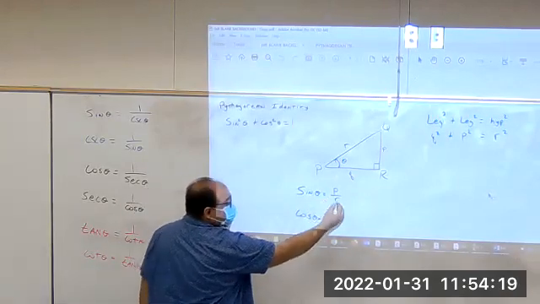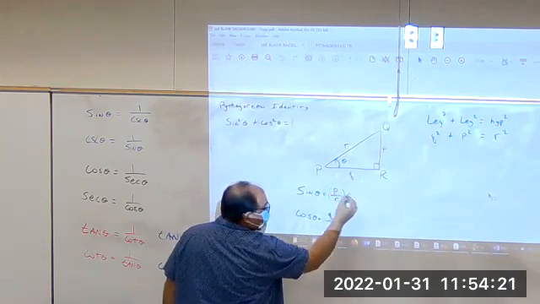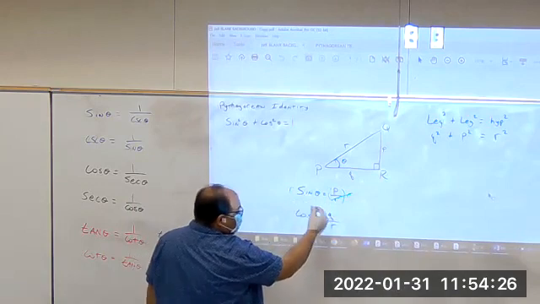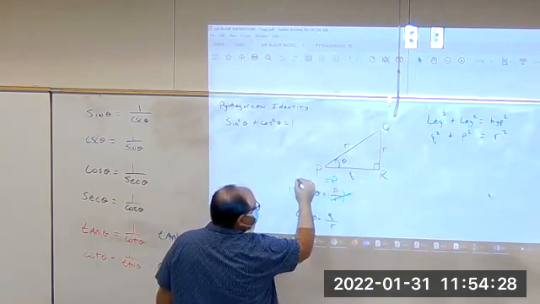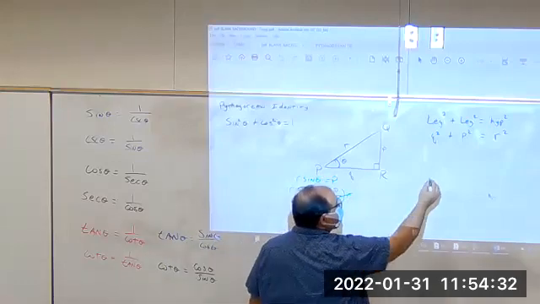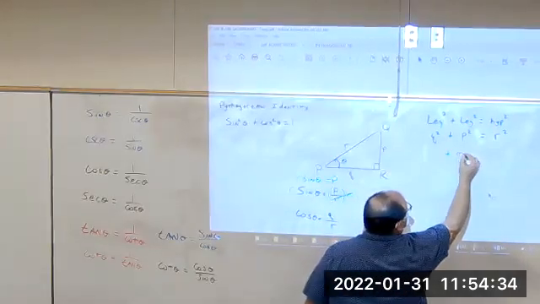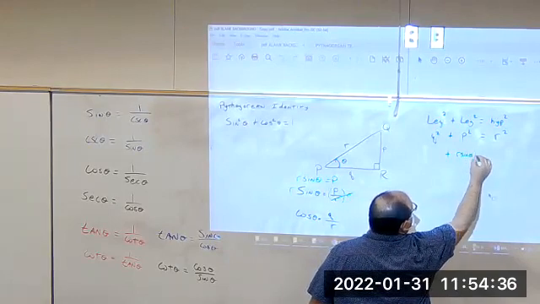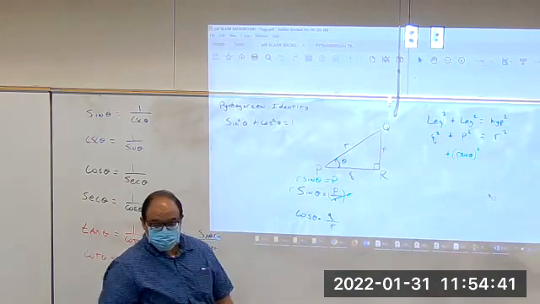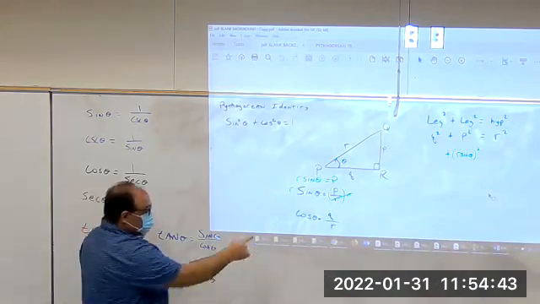Yep. Multiply both sides by r. It's being divided by r, so you multiply by r. So r times the sine of theta. P equals r sine theta. Hello, substitution. R sine theta, and we're going to square it. That's P.